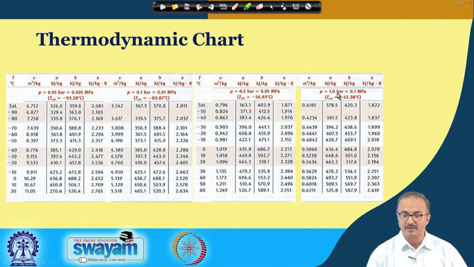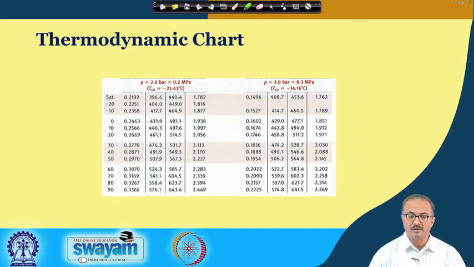Then for 1 bar, you can see the saturated vapor values, and then the values starting from minus 40, which is more than minus 42. So, the range of the temperatures keeps changing depending on the pressure value we are taking. Here we have also shown some more pressures, at 2 bar and 3 bar.